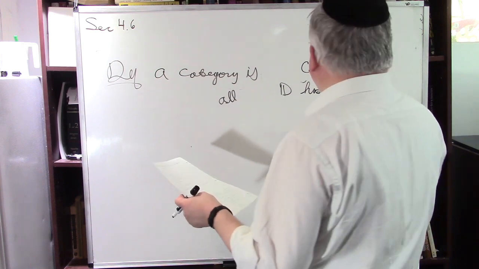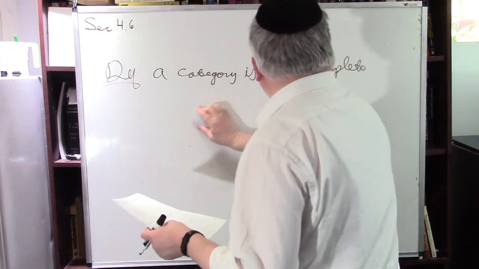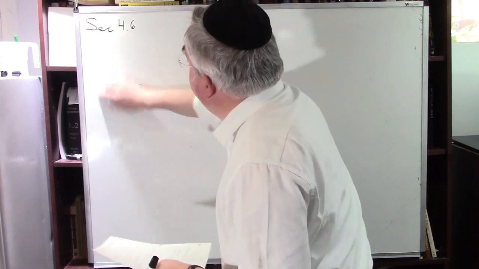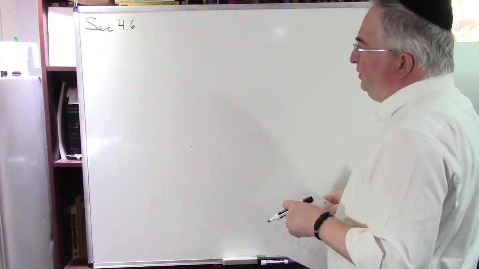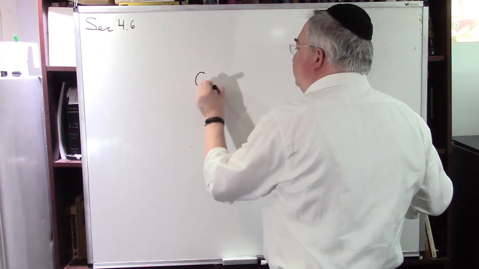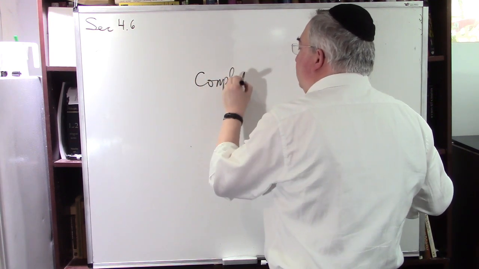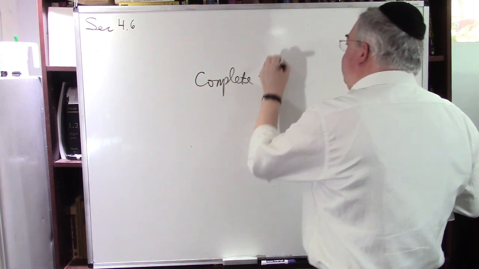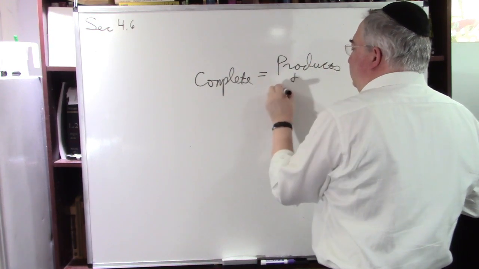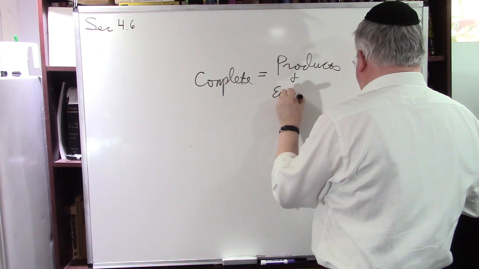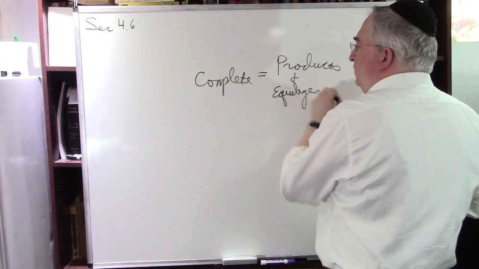Okay, let's just talk about a category being complete. There's a generalization of a theorem that we did. A category is complete if it has all products and equalizers.